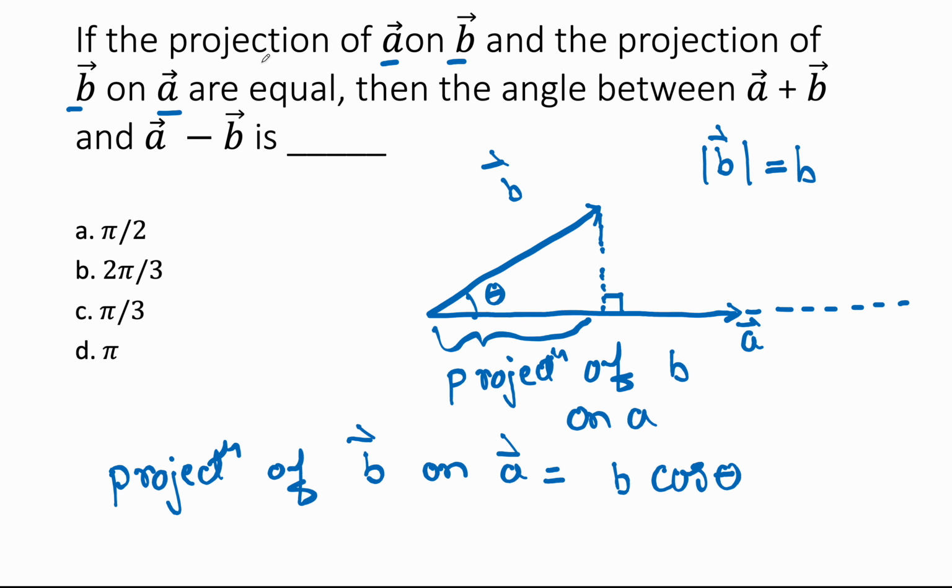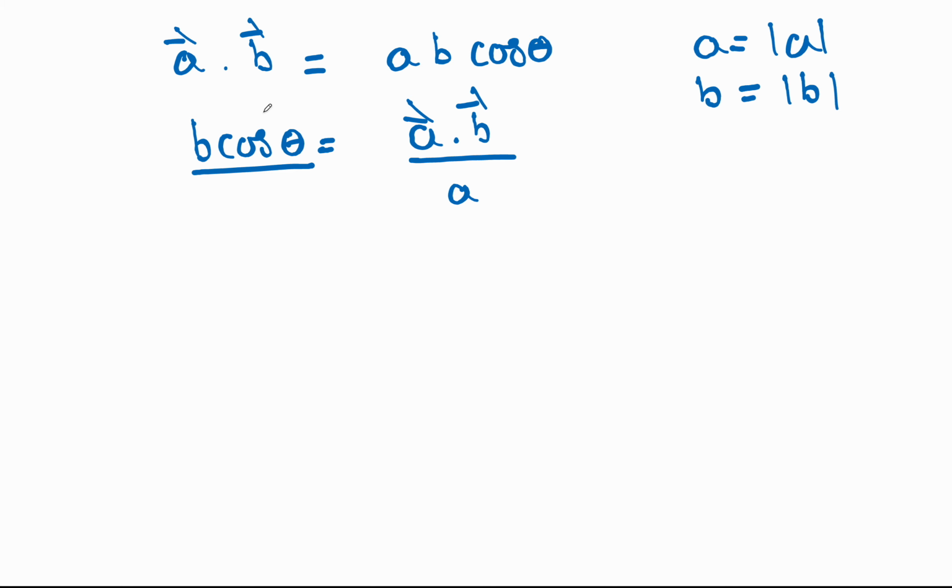Now here we can see that the angle between vector A and vector B is theta, and what is given is that the projection of A on B and the projection of B on A are equal.